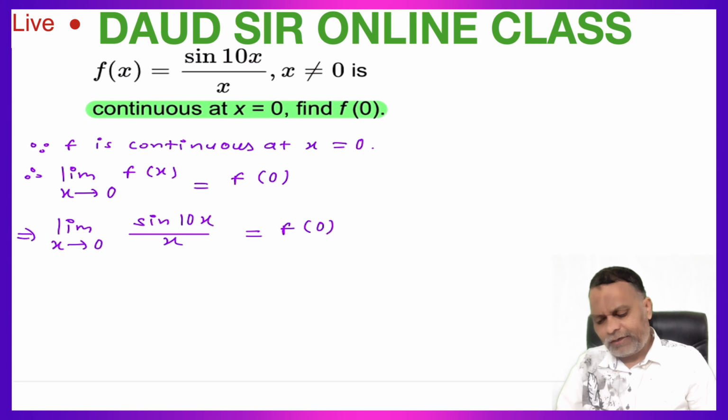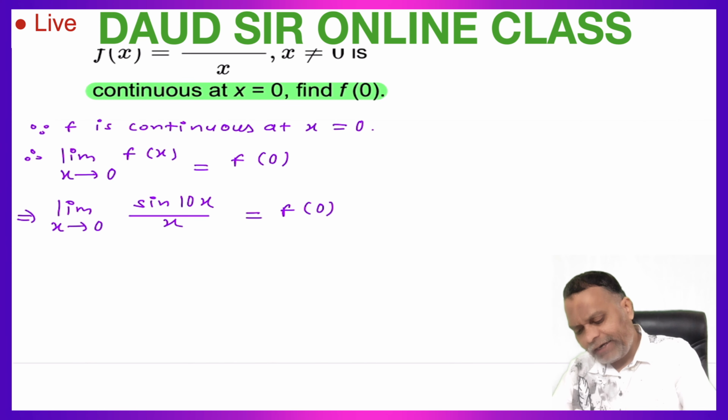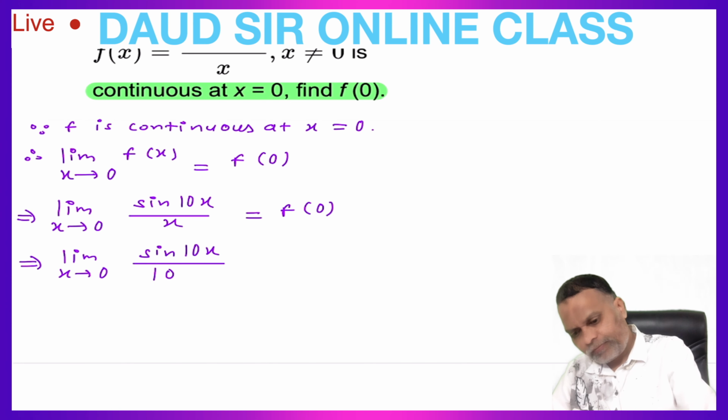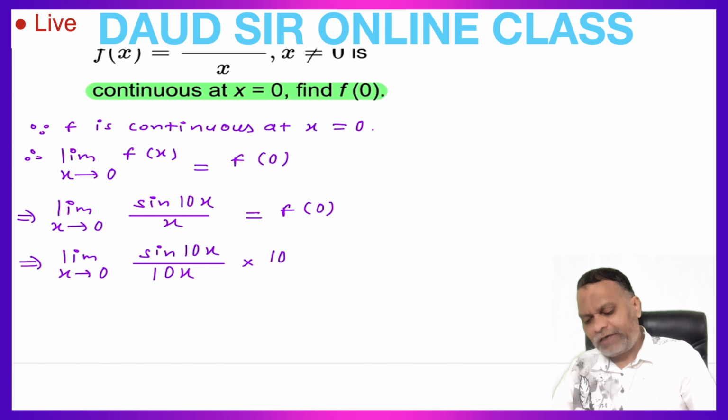For making the limit, multiplying and dividing by 10. So limit x tends to 0, sine 10x upon 10, this is x, into 10. This 10 will be cancelled.